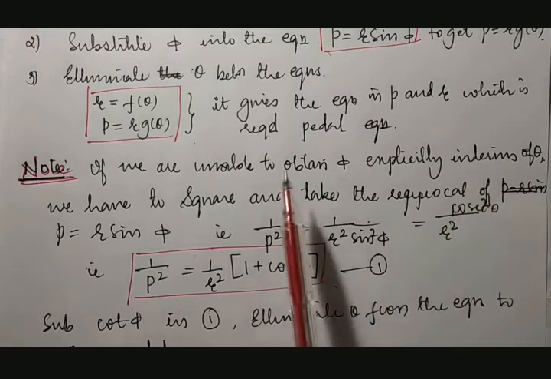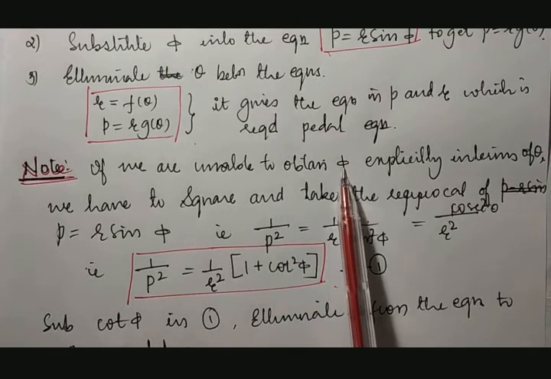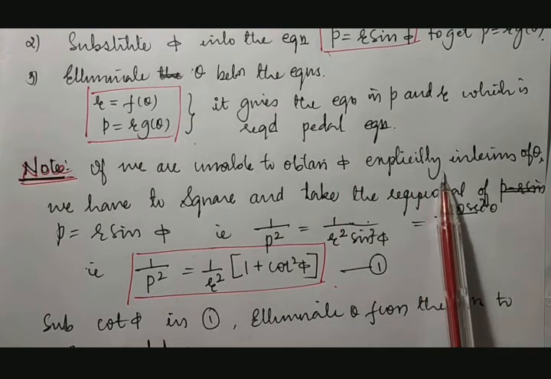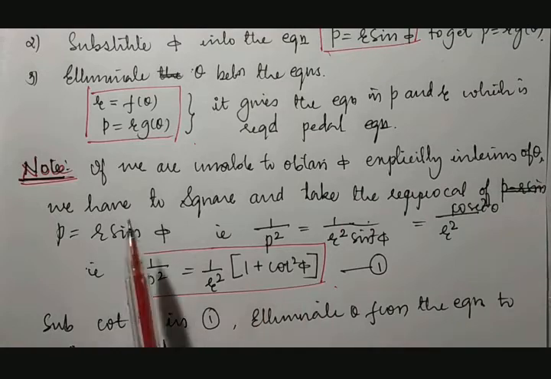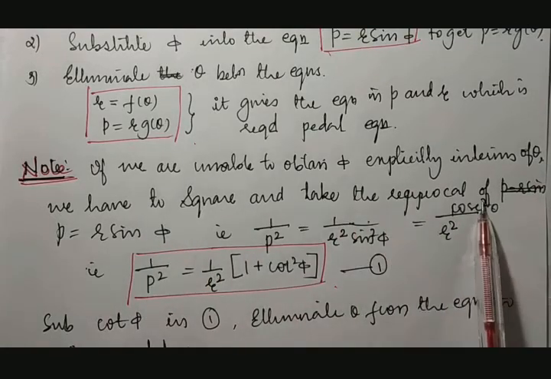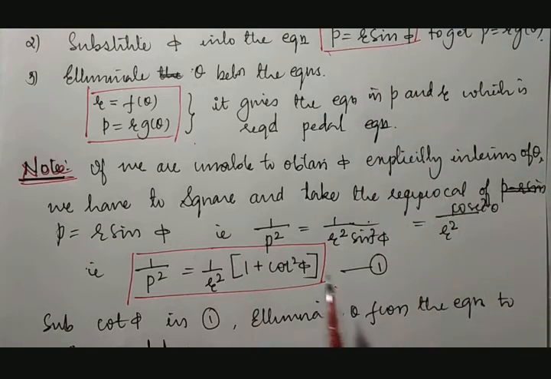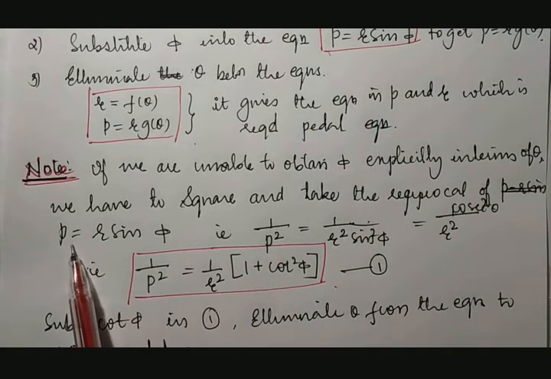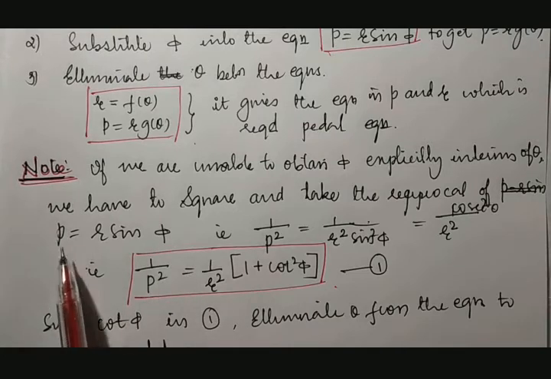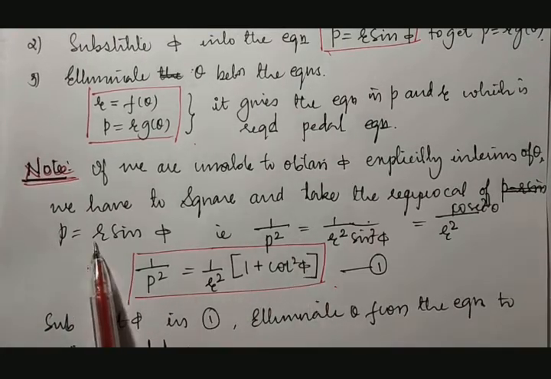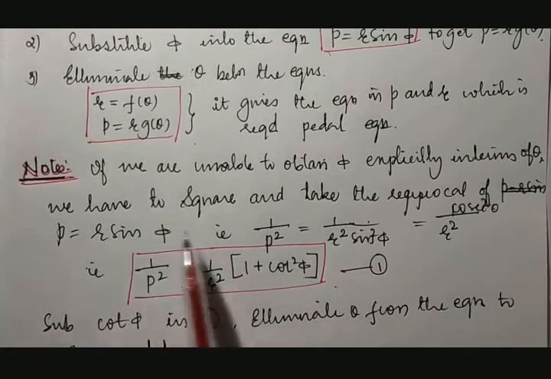So what happens here in this case where the pedal is concerned, if we are unable to obtain the value of psi explicitly in terms of theta, then we have to square and take the reciprocal of this expression p is equal to r into sine psi. Then what happens when we take reciprocal and squaring on both sides? It is 1 divided by p square is equal to 1 divided by r square into sine square psi.